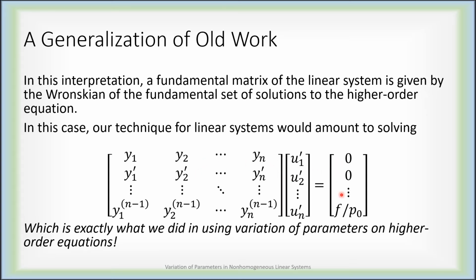All of those zeros, but then in the last row, the n minus first derivative times u1 prime, n minus first derivative times u2 prime, all the way to the last term here gives me forcing function f over initial coefficient p naught. That was exactly what we did to use variation of parameters on higher order equations. So this new approach is completely consistent with how we've done it before.